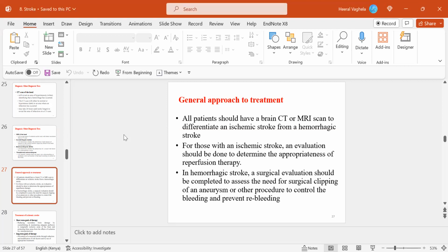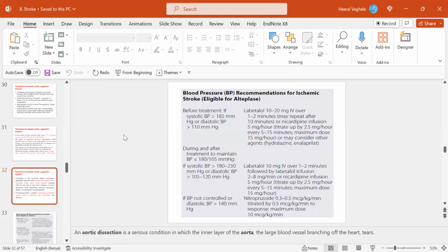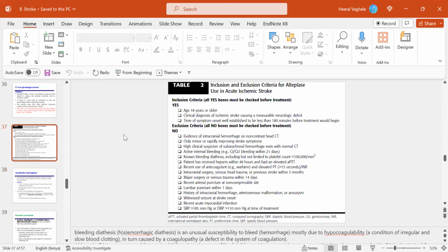And if alteplase is not possible, or after you've given alteplase and the patient has stabilized, we can start the patient on aspirin to prevent further clot formation in the future. So that's secondary prevention of stroke. Of course, also statins.